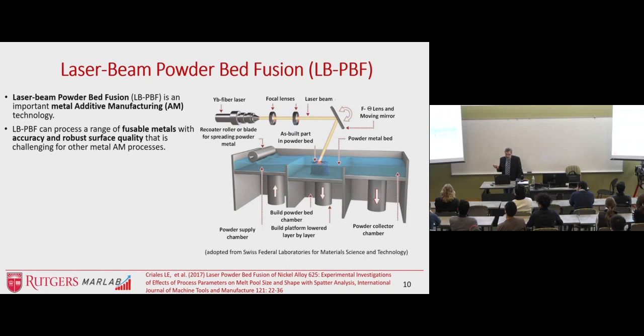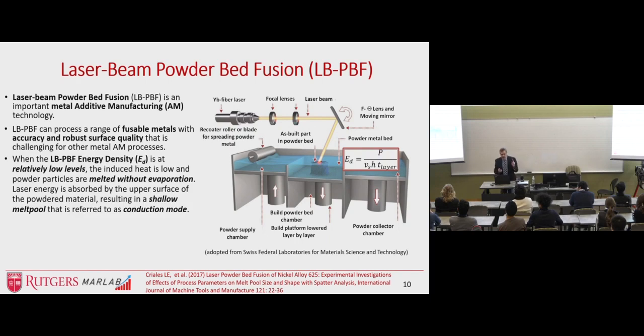And it is important to define one parameter here: the energy density. This is volumetric energy density. Laser power is divided by the scan velocity, hatch distance, and the layer thickness. As a result, you get joules per cubic millimeter type of energy density.